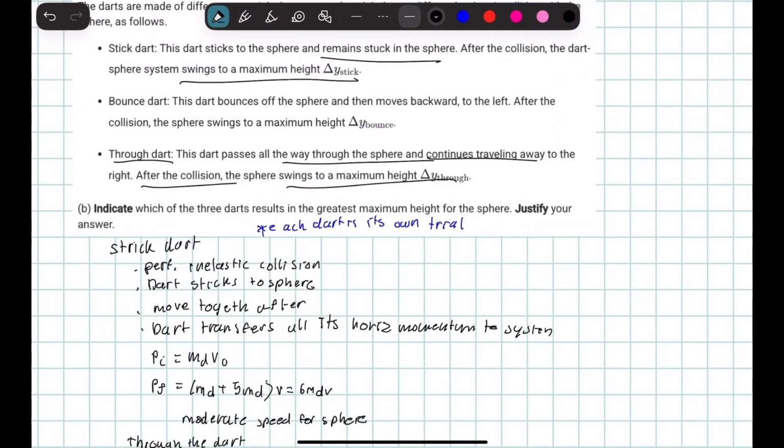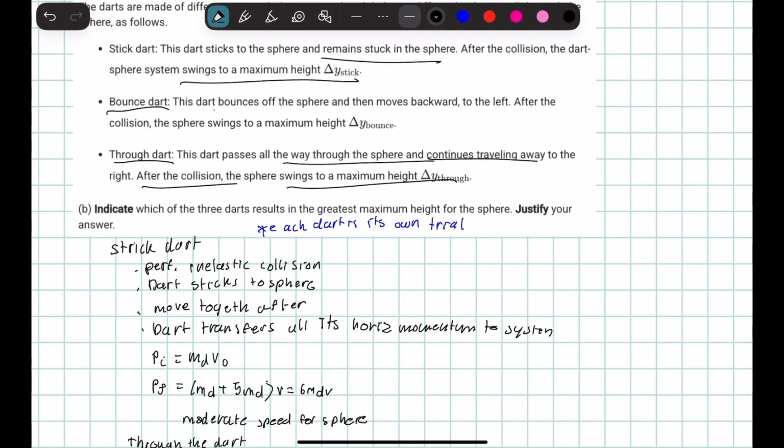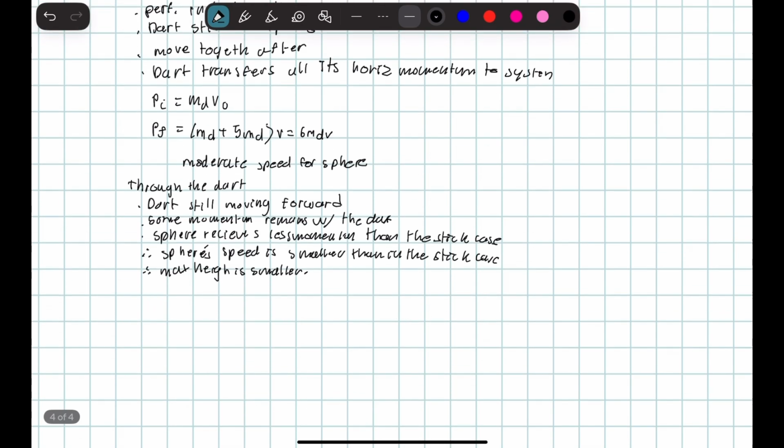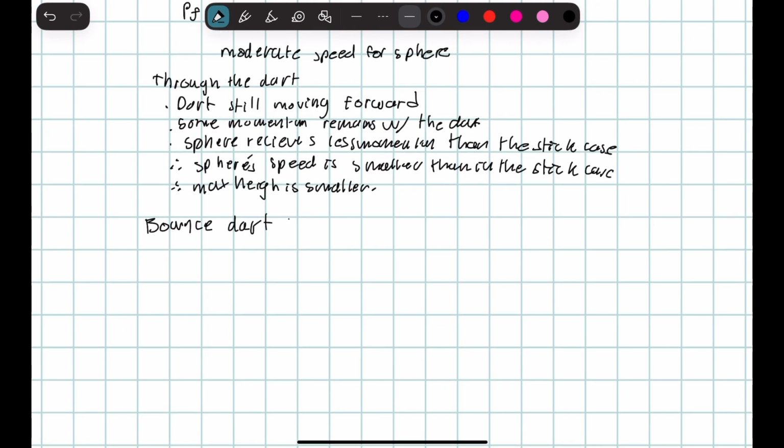Okay, so now let's analyze the bounce dart. The bounce dart bounces off the sphere and then moves backwards to the left. After the collision, it goes the opposite direction, and the sphere swings to the maximum height of delta y bounce. For the bounce dart, it bounces backwards.